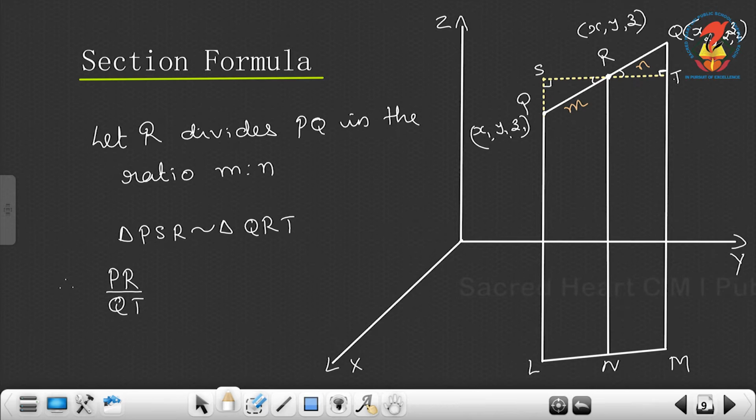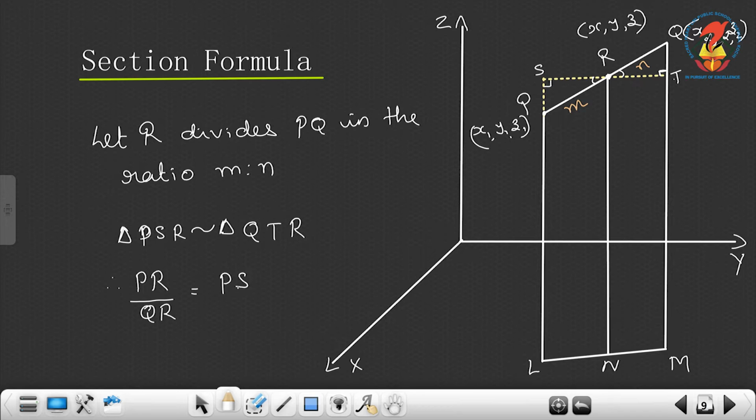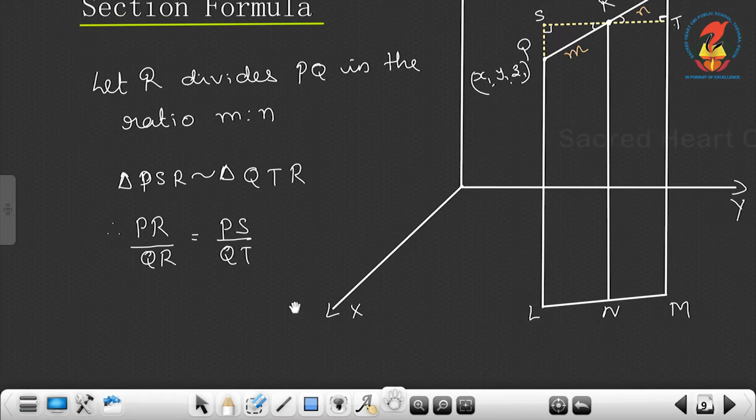That is, PR is m and QR is n. Now we take this side, PS and QT, which is equal to the third side SR and TR, which I am not taking now.